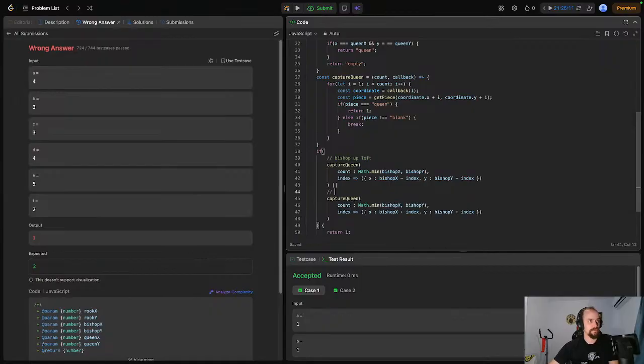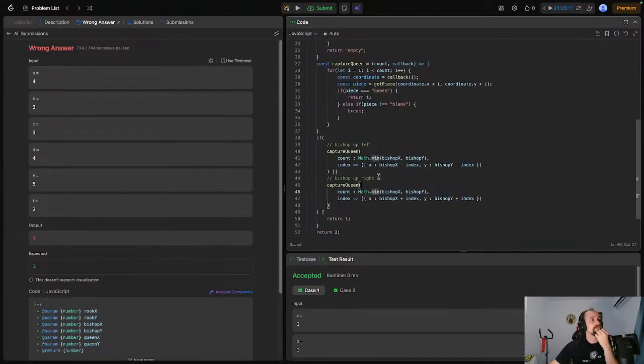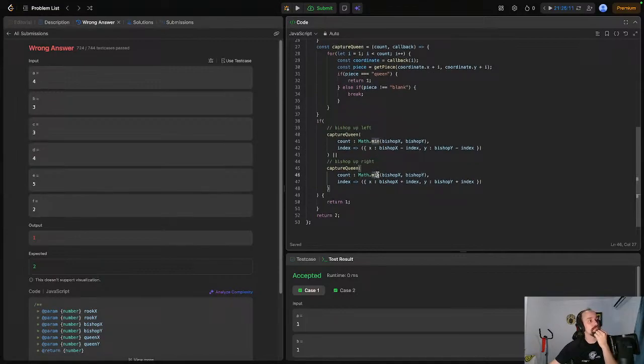Then we'll do bishop up right. In order to go up right, there's probably a way to do this so that you don't have to iterate. Now that I think about it.